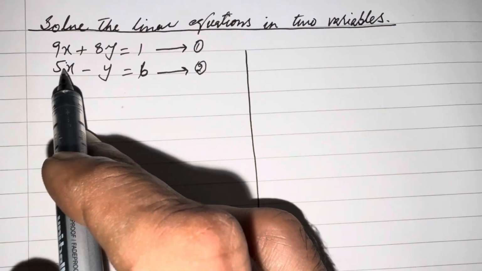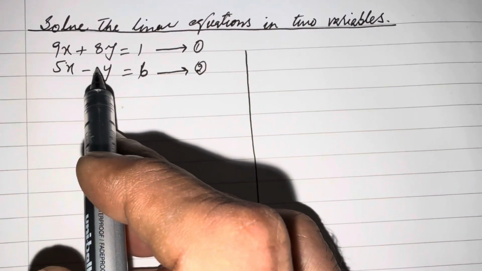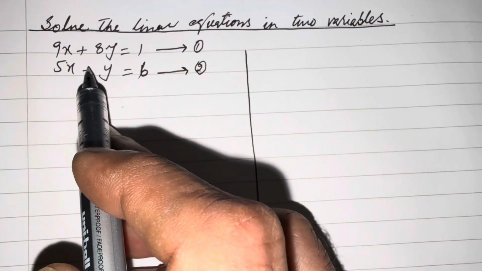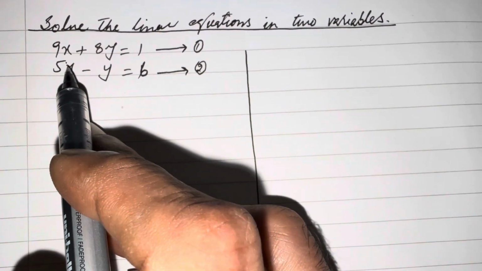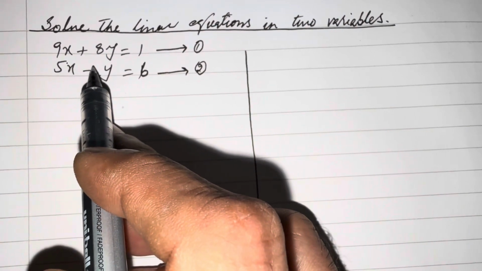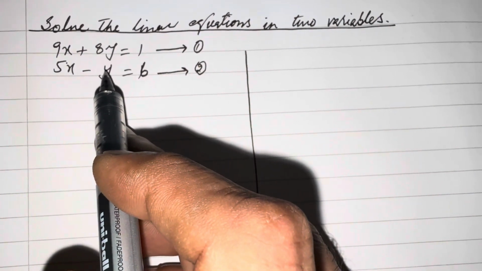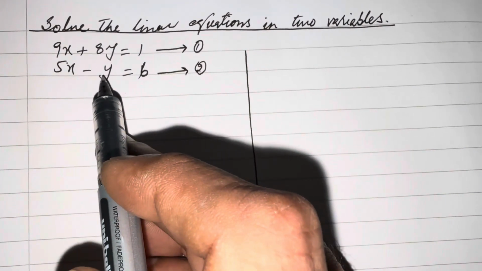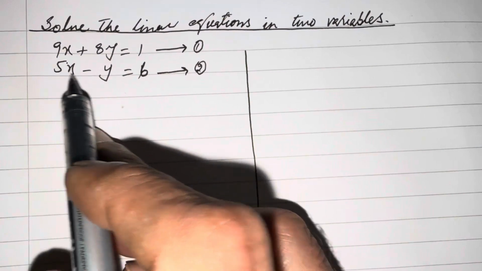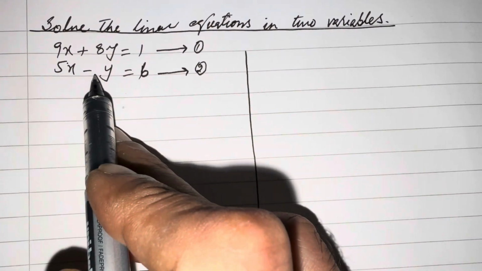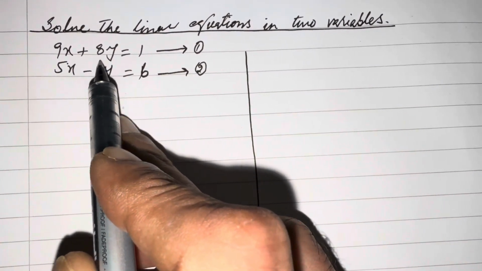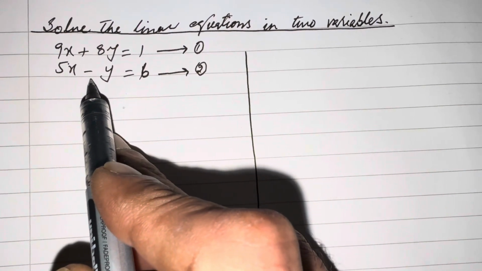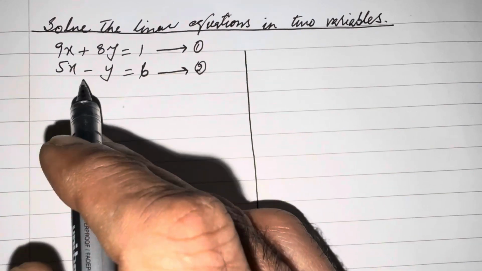If they are not, then we will have to make the coefficient same in both of the equations. So the easiest way is to make the coefficients same of any of these variables. If we multiply the second equation by 8, we can have the coefficient of y as same in both equations.